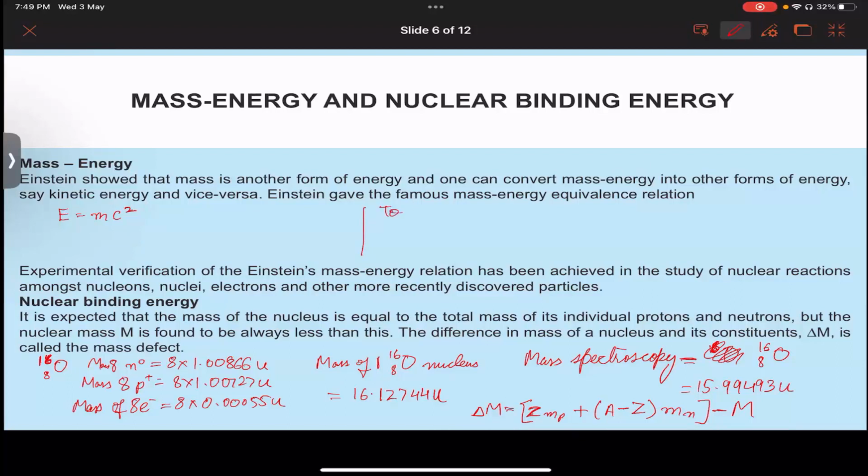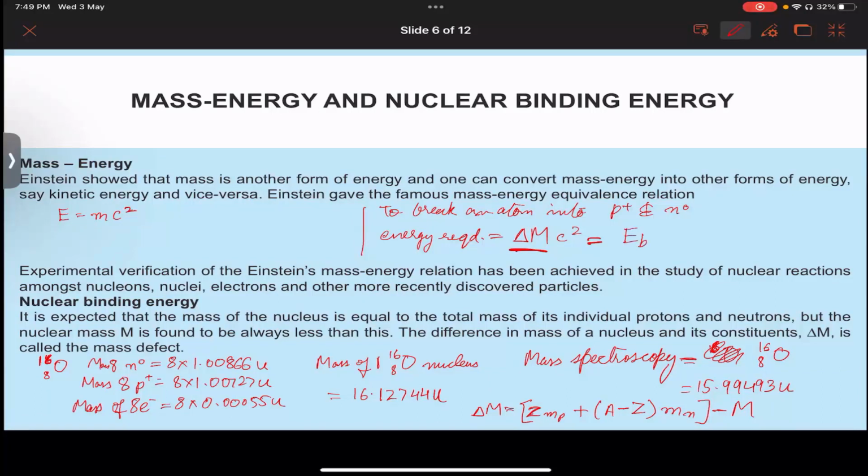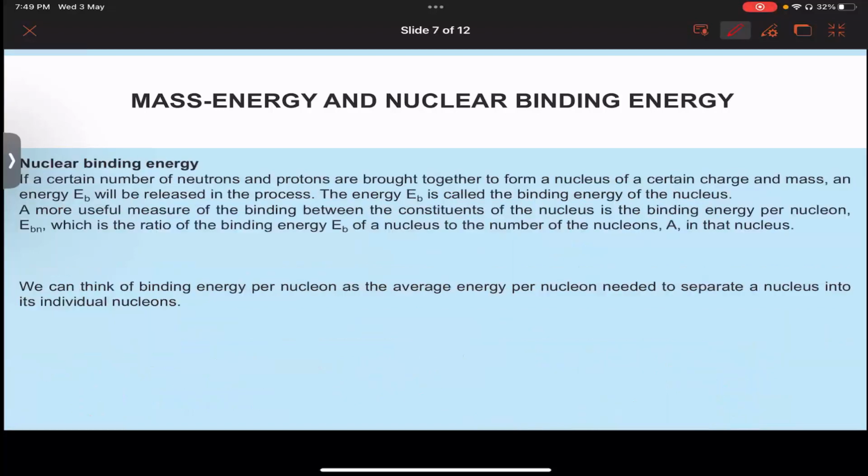So to break an atom into its protons and neutrons, this is the energy required. This is where the mass defect comes into play. This is the extra energy that needs to be supplied, and this energy is equivalent to the binding energy, which we write as EB. So EB is equal to Δm c squared.